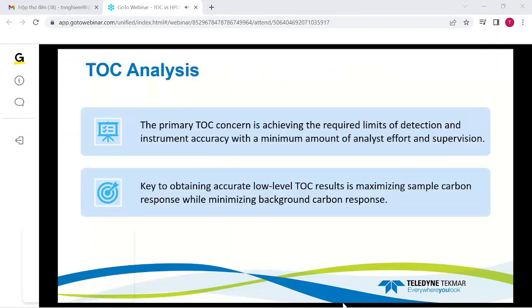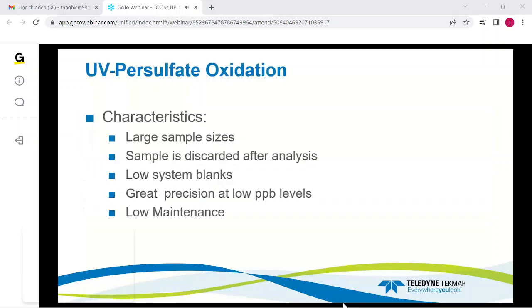So as I talked about before, with the Fusion, we want to obtain accurate low-level TOC that maximizes carbon response while minimizing background. That's what we're trying to do here with the Fusion, and that's what we've delivered. That's what has been so predominantly known about the Fusion moving forward in its lifetime.